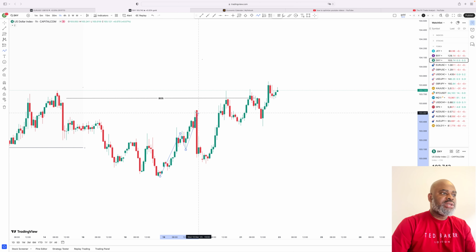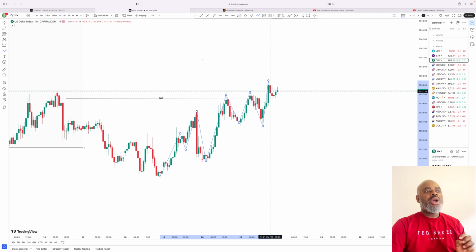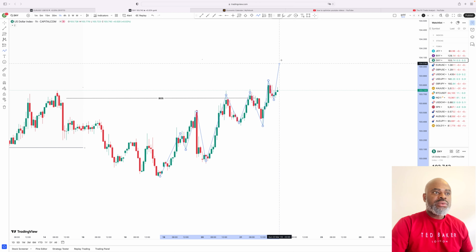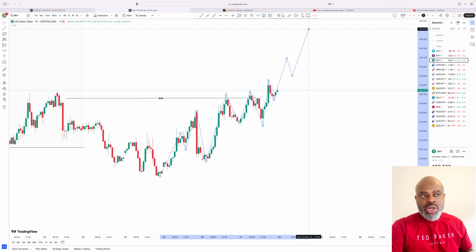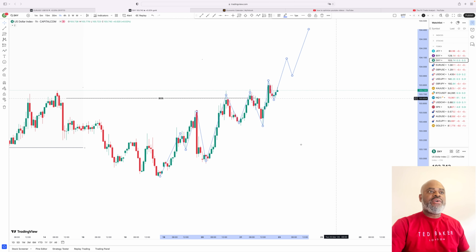We're beginning to see a higher high, a lower high, higher high, lower high, higher high, come down here, sweep liquidity, and then make another higher high here. So we might begin to see the dollar index retrace until it goes back to those retracement zones that we've earlier marked up for it. All right, so that's what I'm expecting to happen.